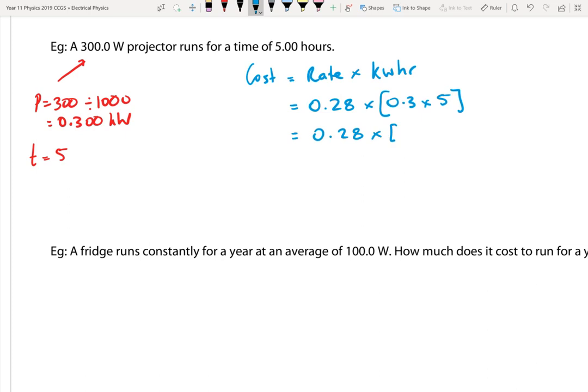So obviously the kilowatt hour there is 1.5 kilowatt hours. Multiplied by 0.28, which I haven't solved yet because the price of electricity has gone up. We are talking 42 cents, or $0.42. So that's how much it would cost to run a projector.